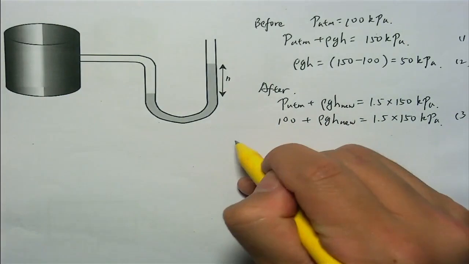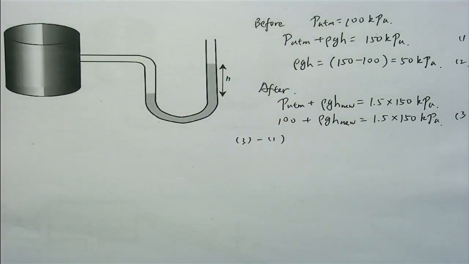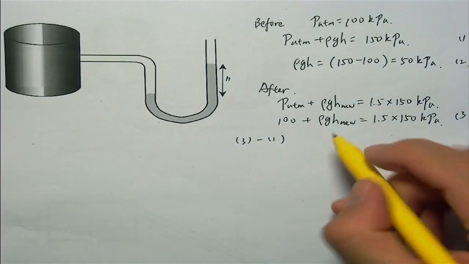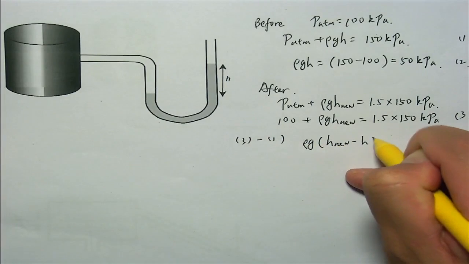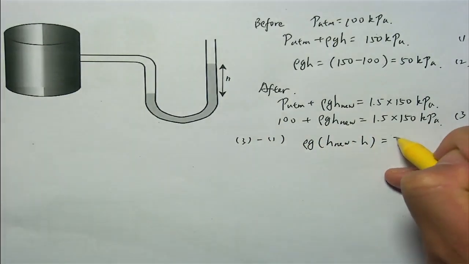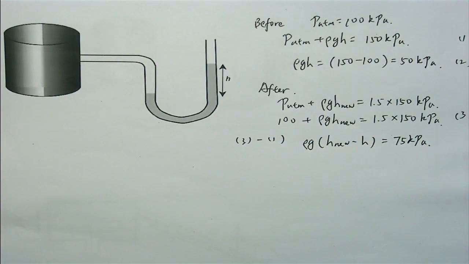So we minus equation 3 is equation 1. You can just got the rho G H new minus H, which is 75,000 Pa. So this is equation 4.